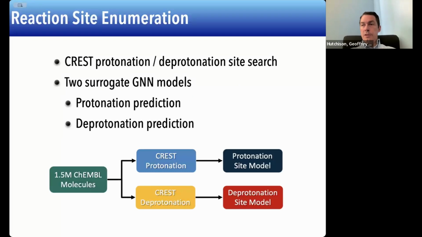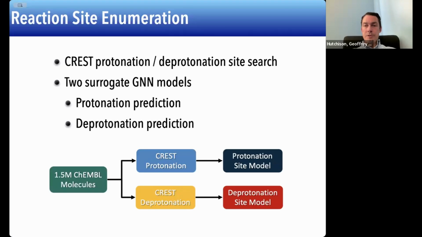The next step, we have to do a reaction site enumeration. So here we borrow a tool, CREST, which allows you to do protonation and deprotonation search. The one catch with CREST is that because it's exhaustive, it produces a lot of possibilities. It takes quite some time.